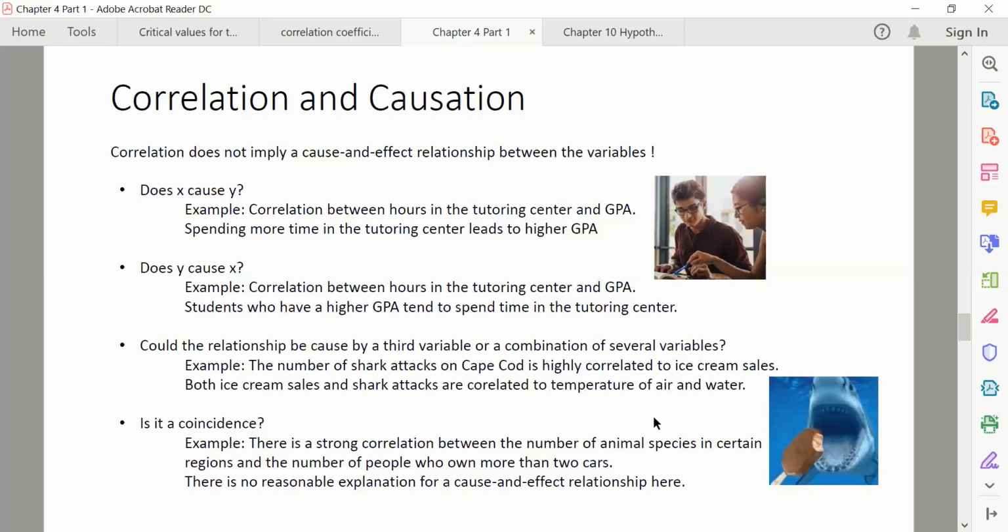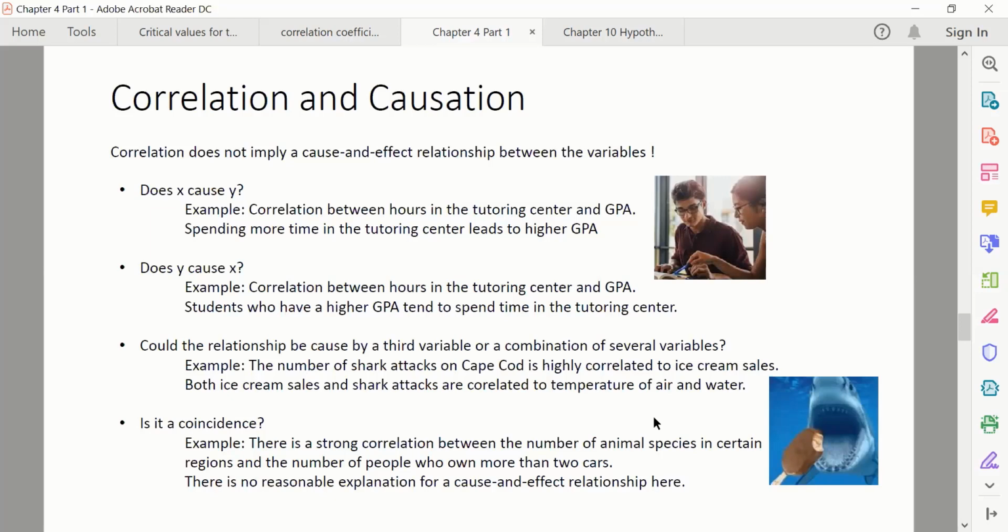It could actually be that Y causes X. So correlation between hours in the tutoring center and GPA, it could be students who have a higher GPA tend to hang out in the tutoring center. So it may not be that one causes the other. It could be the relationship is caused by a third variable or a combination of several variables. For example, this is true fact. The number of shark attacks on Cape Cod is highly correlated to ice cream sales.